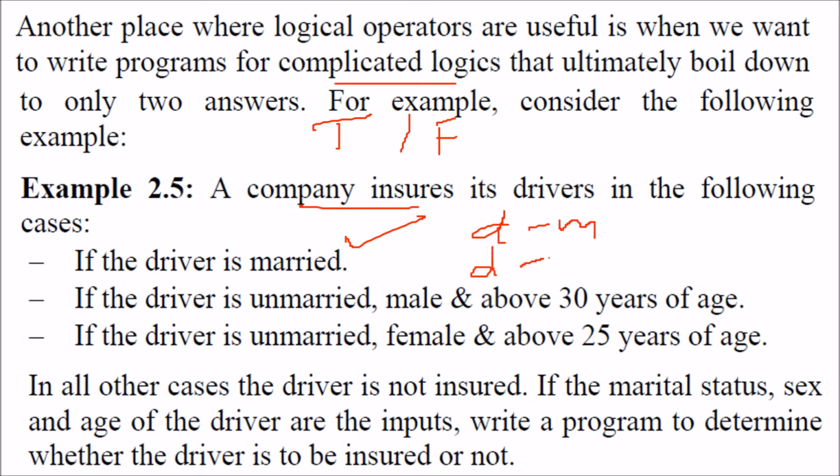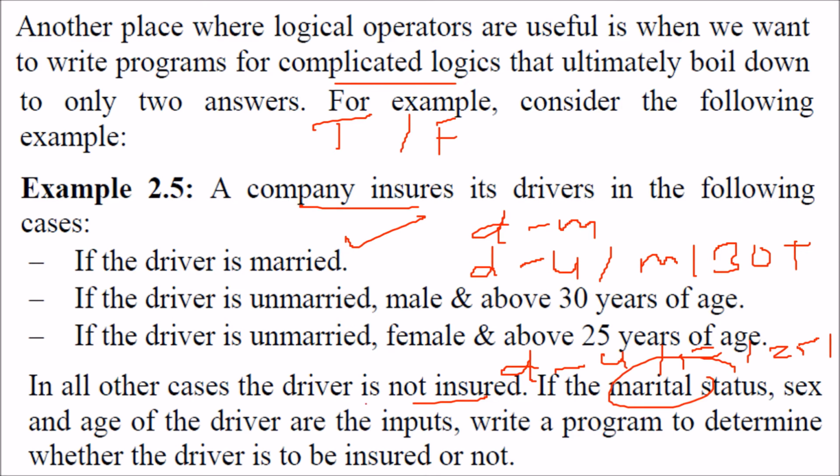Then driver is unmarried, male and 30 plus, or the driver is unmarried, female and above 25 plus. So in all of the cases, the driver will not be insured. So the marital status, sex and age has to be inputted through keyboard and write a program to determine whether the driver is to be insured or not.